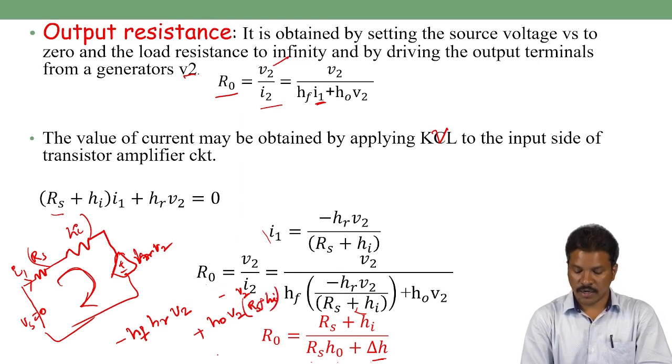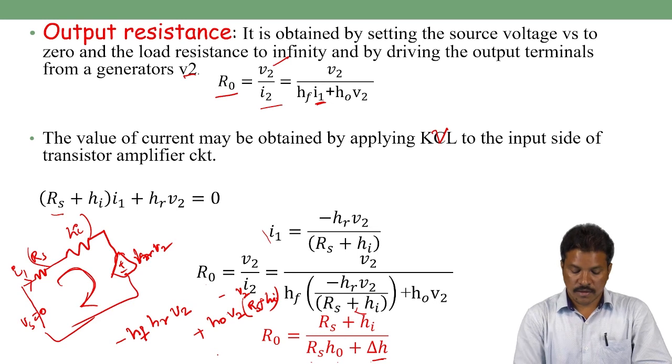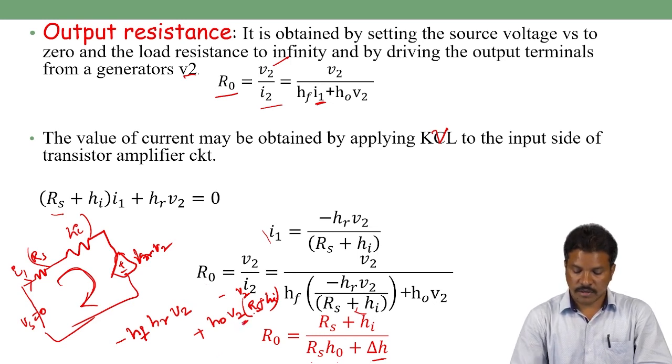So here when we take the V2 terms separately, numerator V2 and denominator V2, we can cancel them.